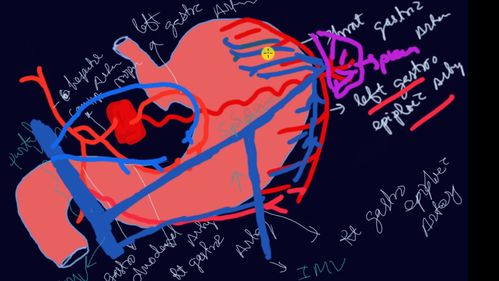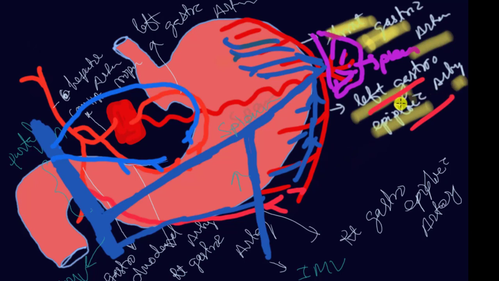The short gastric vein, like your short gastric artery, will drain to the splenic vein. The left gastroepiploic vein, accompanying the artery, will drain to the splenic vein. Then the inferior mesenteric vein will drain to the splenic vein.